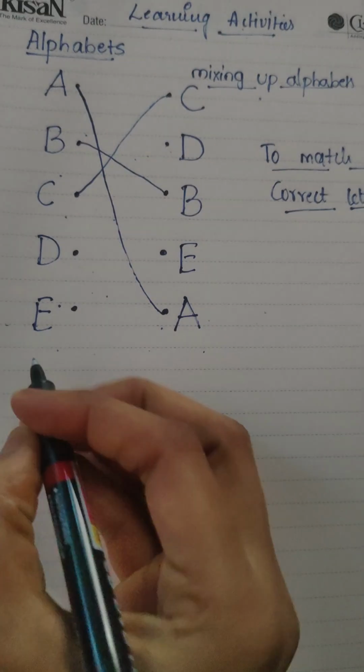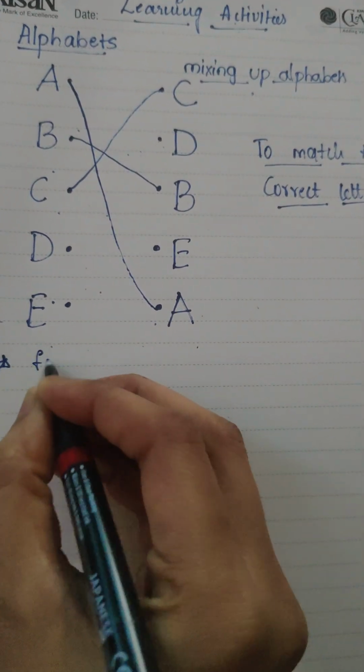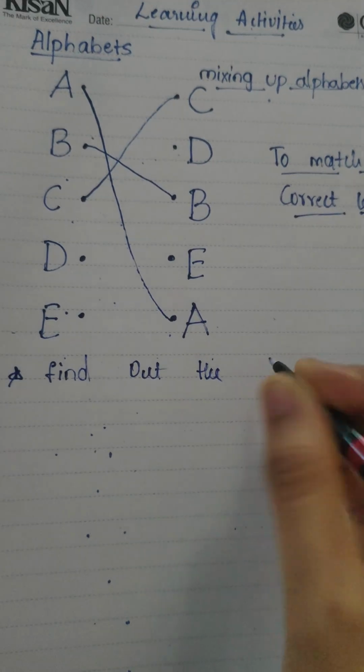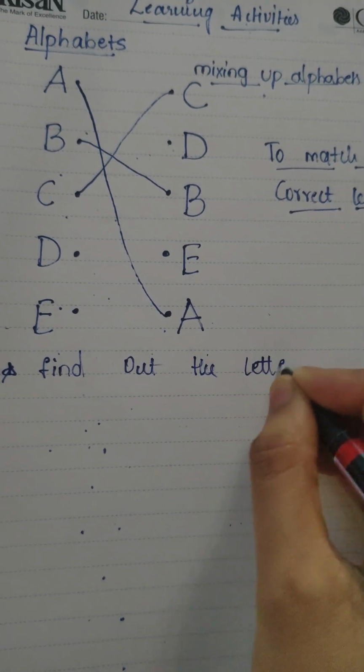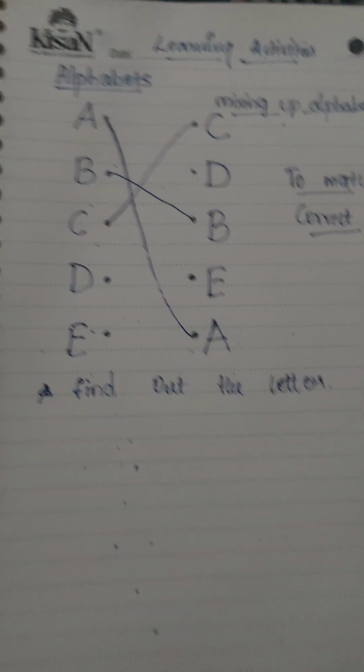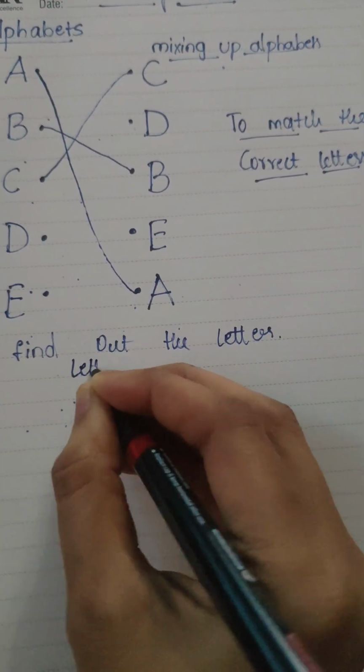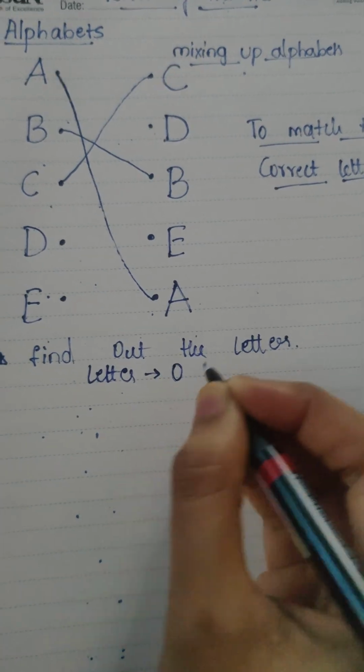Next activity is find out the letter. For suppose I am asking to find out letter O in the given set.